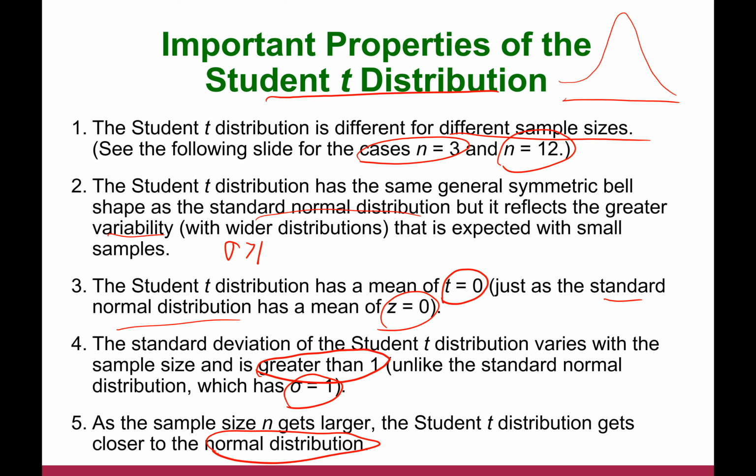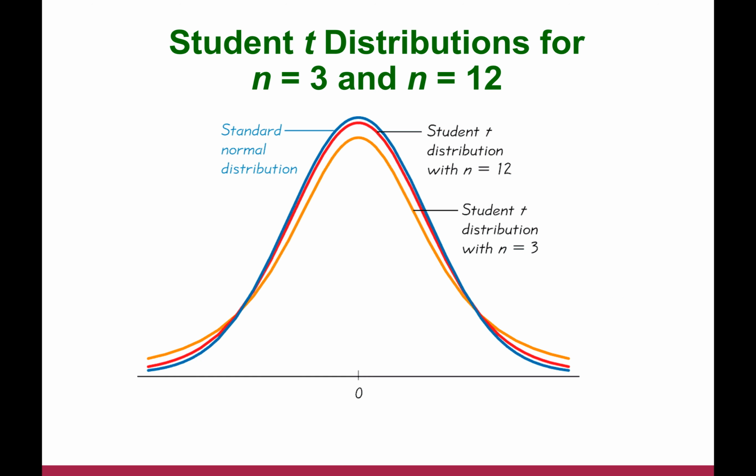As you can see, the blue bell curve represents the standard normal distribution, and the student t distribution with sample size 12 is closer to the bell curve.